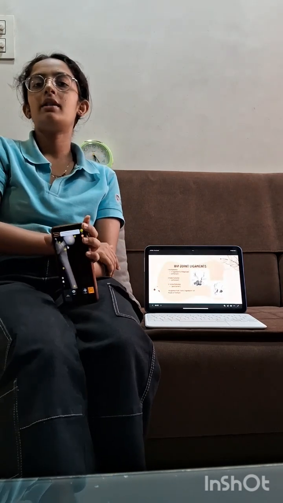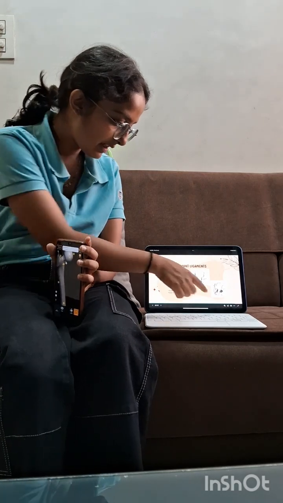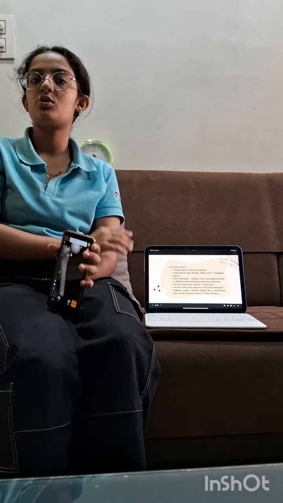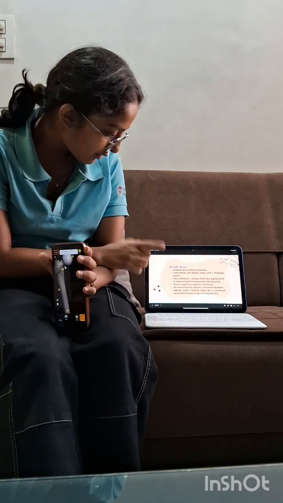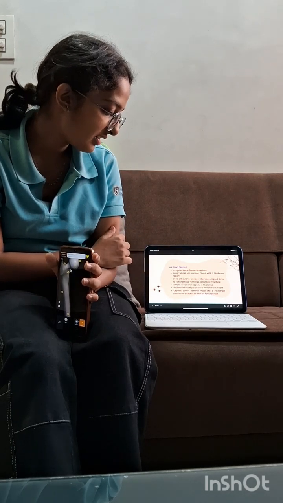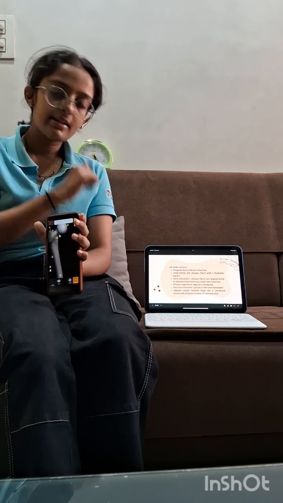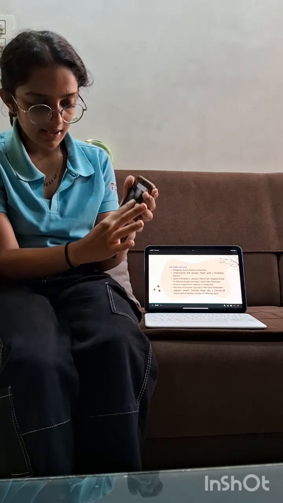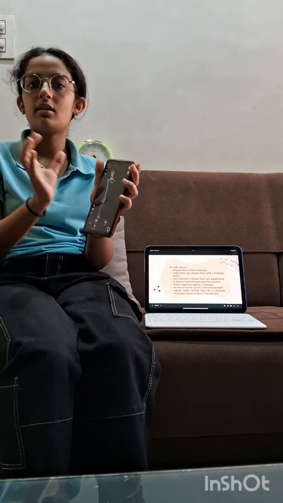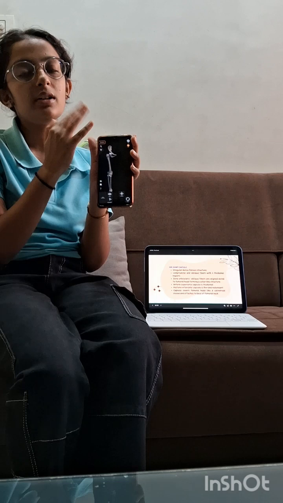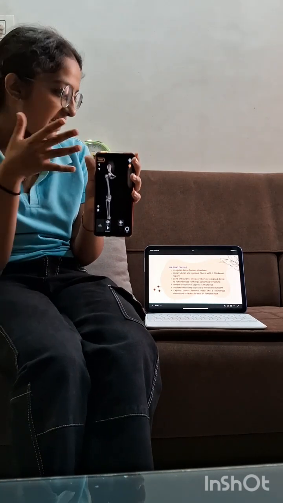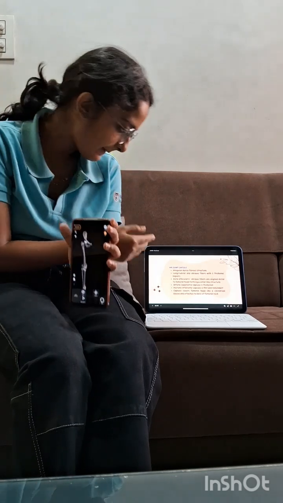Now what are the ligaments we can see? First is the capsule of the hip joint. It is an irregular dense fibrous structure with longitudinal and oblique fibers and three thickened regions. The hip bone is an irregular bone, so the capsule is also an irregular fibrous structure.